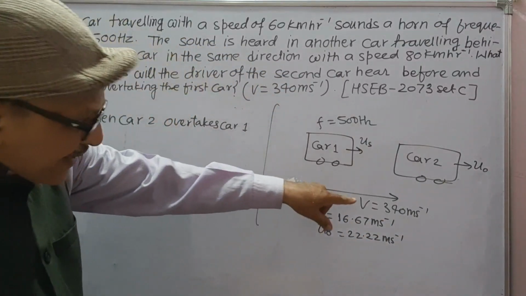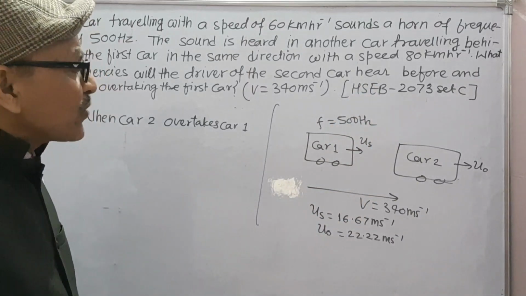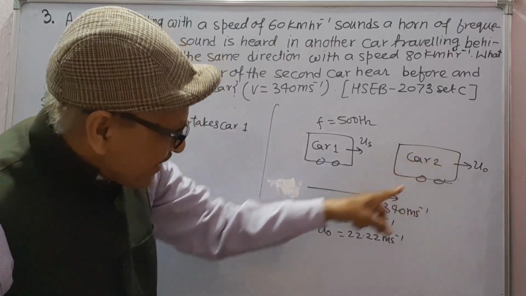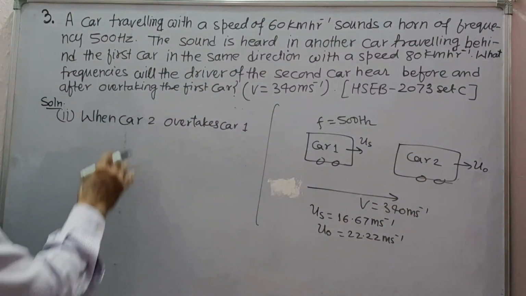As we know, the direction of velocity of sound is always taken positive. So all these two velocities are along V and therefore they are taken positive in this case.